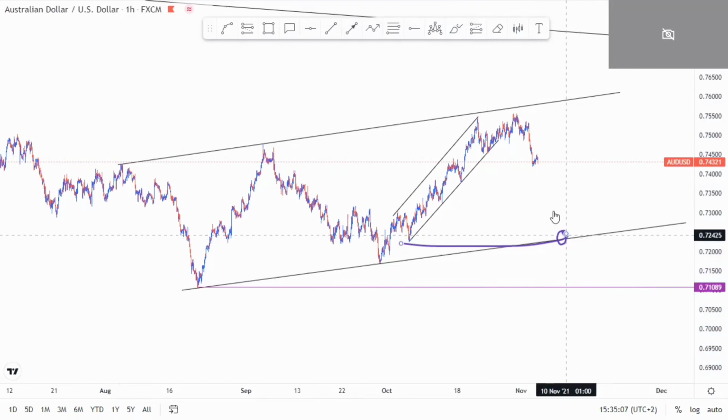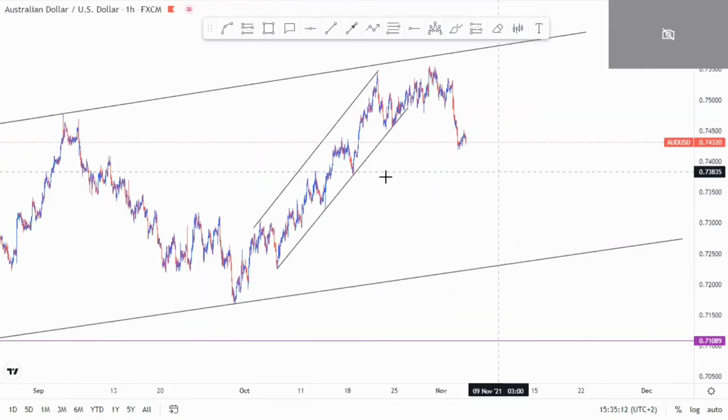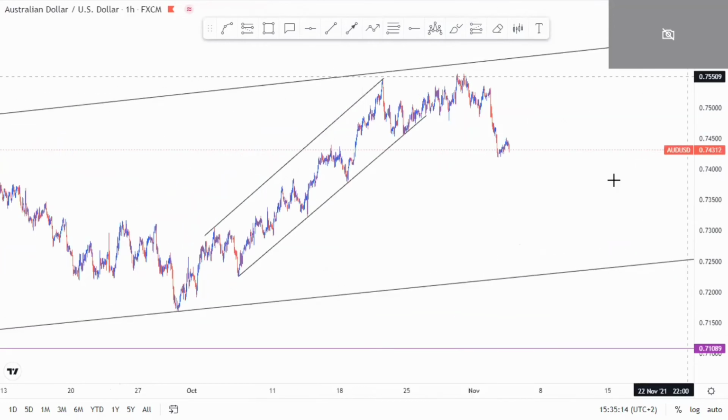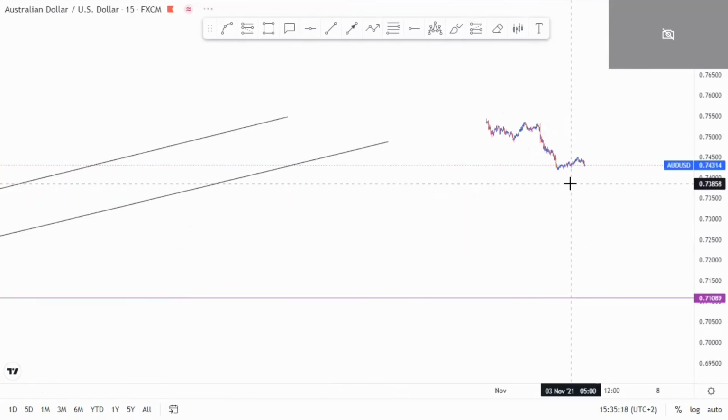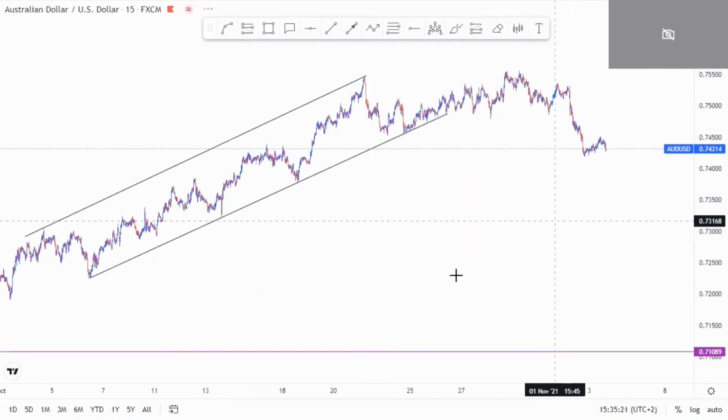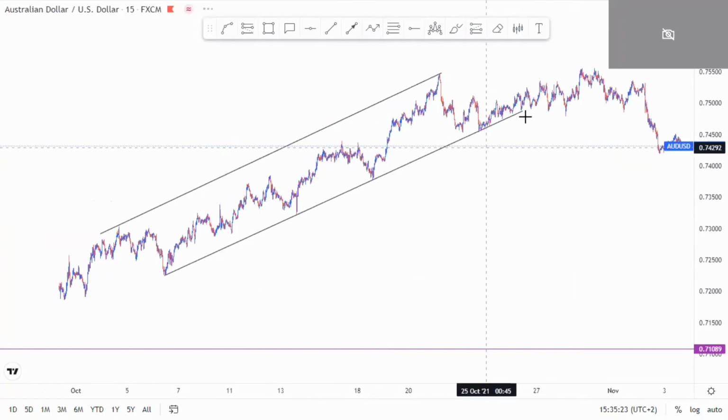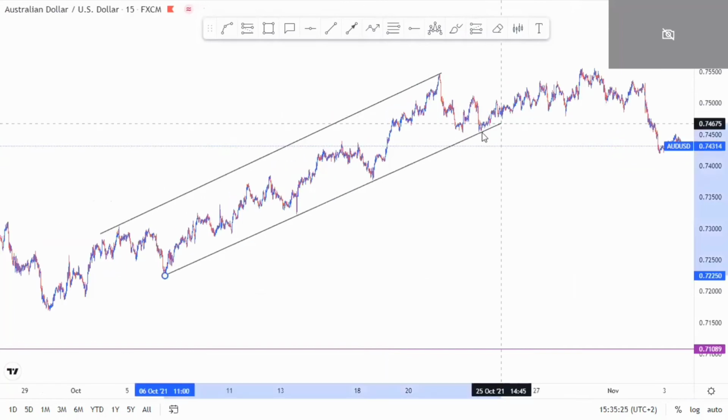And let me just erase this. So this is so beautiful, as you guys can see. But let me go to the Dow, to the 15-minute time frame for the entry that I'll possibly take soon.